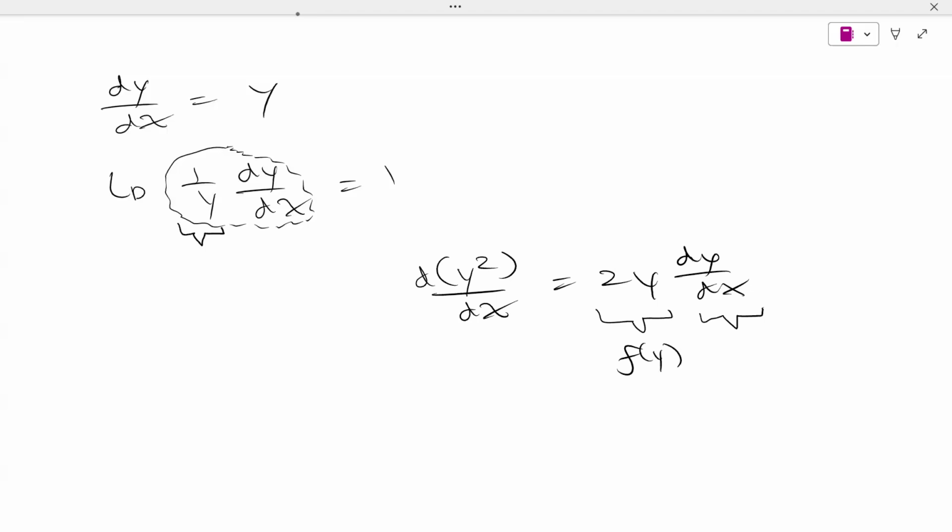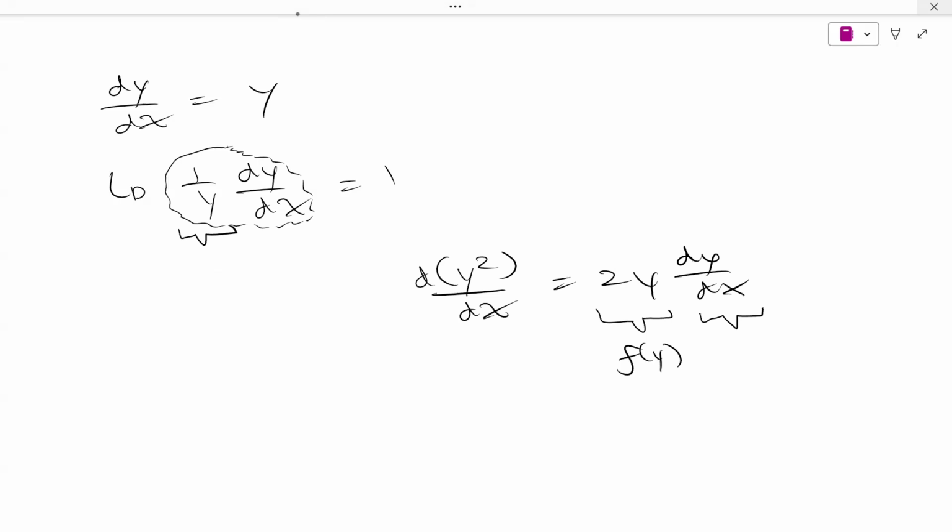So this is also some term of y, f of y, and it's dy dx. So this probably can also be written as d something, and the something is purely in terms of y, over dx. Now, what function would that be? In other words, what function of y when differentiated with respect to y is 1 over y?